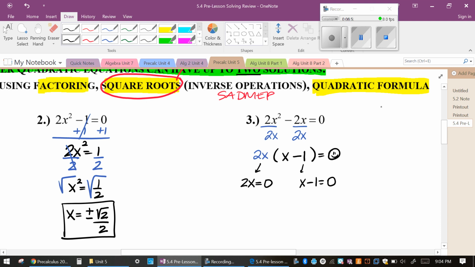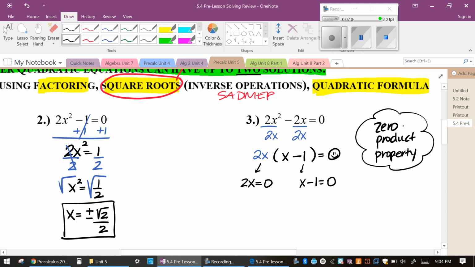This comes from the zero product property that you guys should have learned freshman year, but feel free to Google it in case you forgot what it is. So when you're done factoring, each linear factor needs to be set equal to 0.